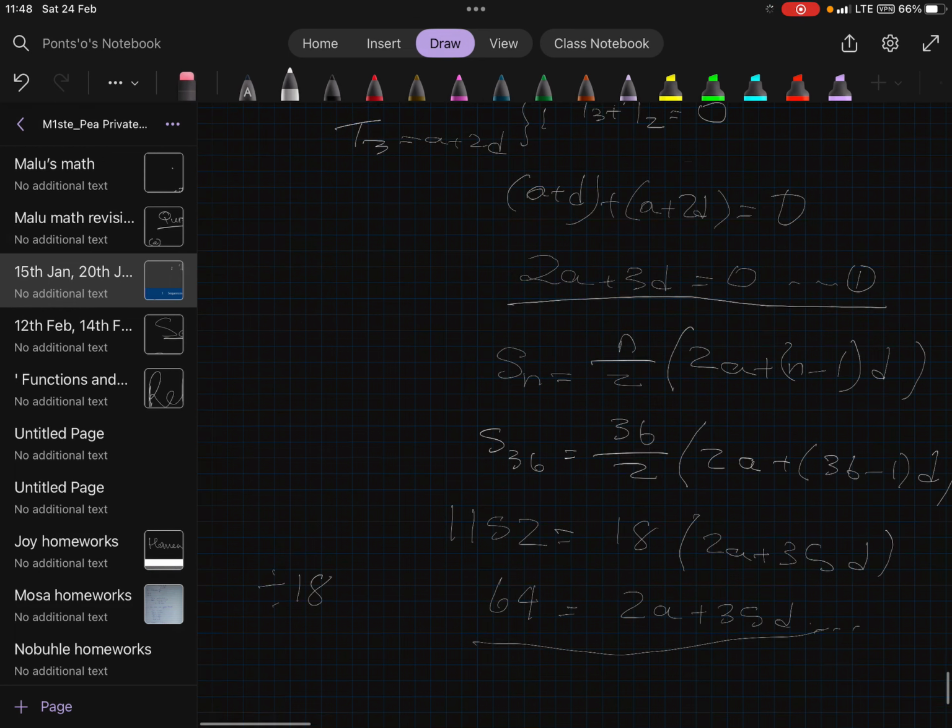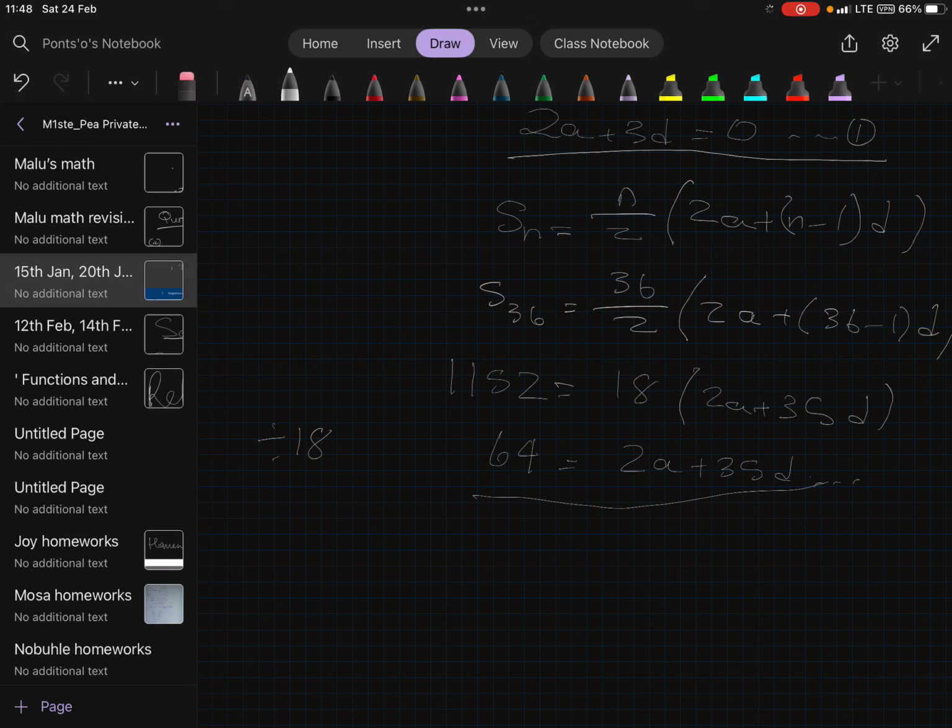So our first equation is 2a plus 3d equals 0. That's 1. Our second equation is 2a plus 35d, and that equals 64.